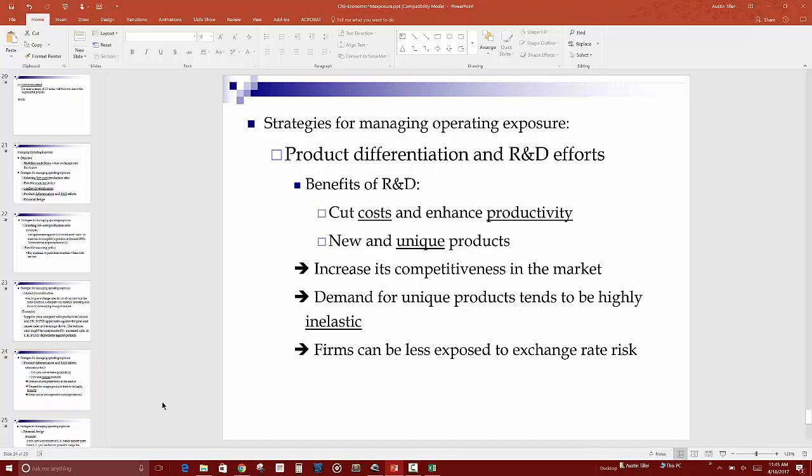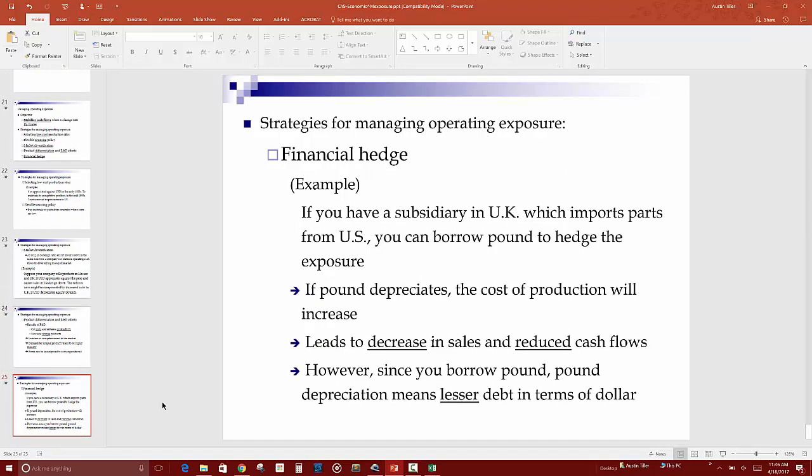The last one is we can still use financial contracts to hedge. In our example, the US parent company has a subsidiary in the UK. Now let's say it borrows pounds to operate a business. When the pound depreciates, our cash flow in terms of pounds gets hurt because the cost of production increased and also the conversion effect, right?